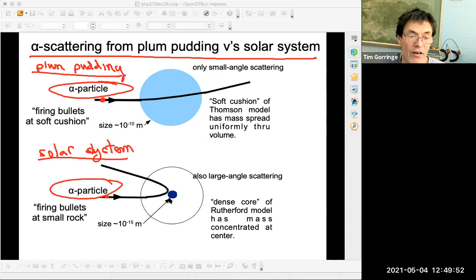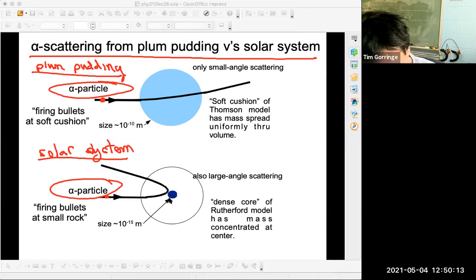So it's like firing bullets at empty space with a little rock or stone at the center. So what's the difference in the scattering between firing, supposing we went outside right now, bullets at a cushion and firing bullets at a tiny stone?